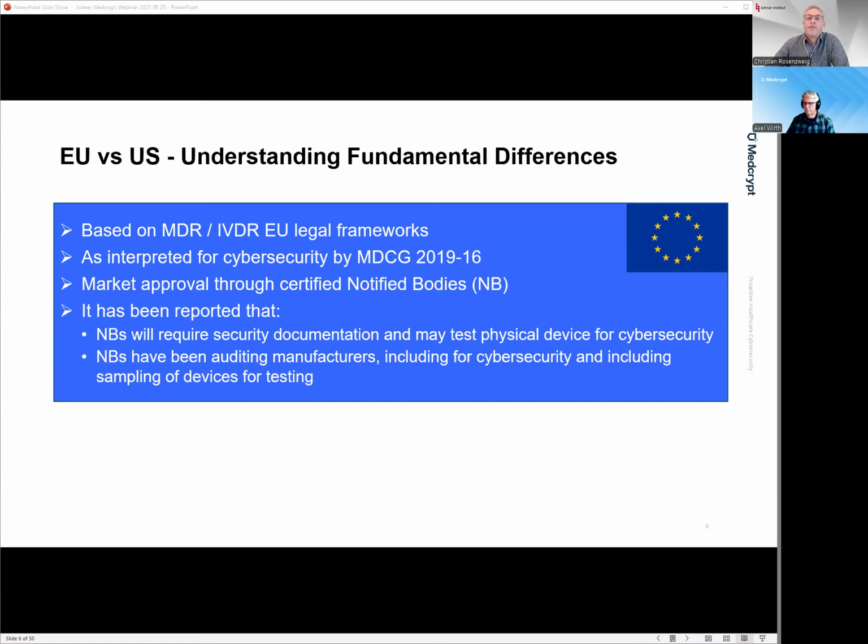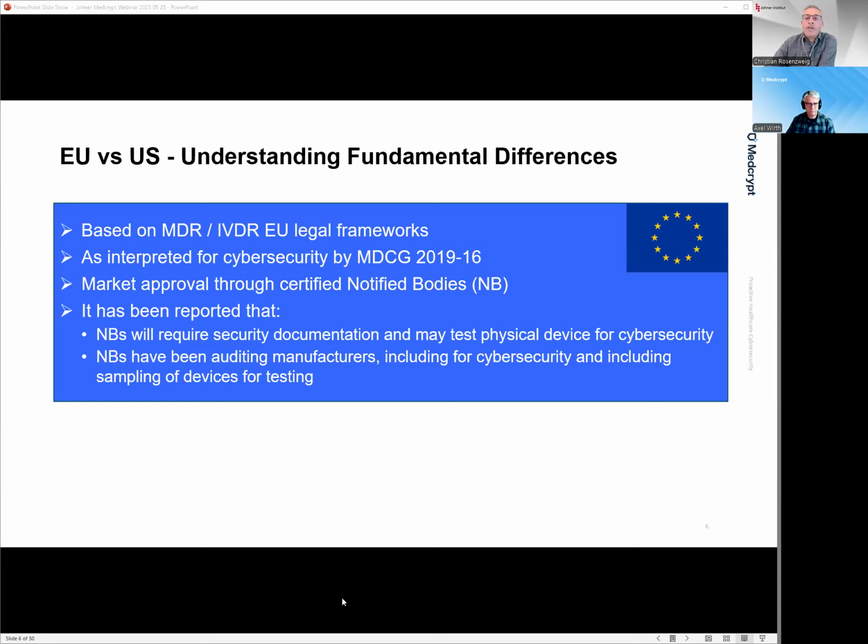This means for the manufacturer that he has to find out what is state of the art. And the MDCG guidance document 2019-16 helps in figuring out what expectations there are, but I would say just on a higher abstraction level. A little more specific is the upcoming harmonized standard in the European Union, which is the IEC 81001-5-1. This standard is also a recognized consensus standard in the USA, and we will talk about that later on.